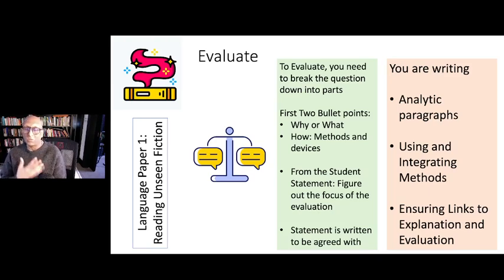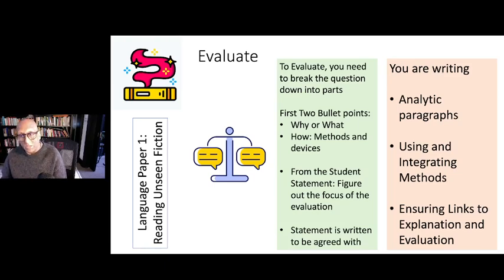Language analysis is really crucial for the whole course, but evaluation is really crucial because if you can learn how to evaluate here, when you're doing this in the literature exam, this is a very advanced skill towards more advanced thesis-driven persuasive analytic writing, which is what you're doing when you're writing a literary essay.